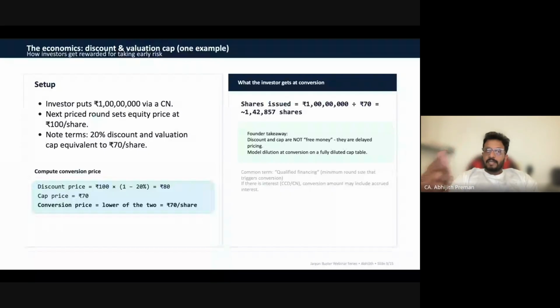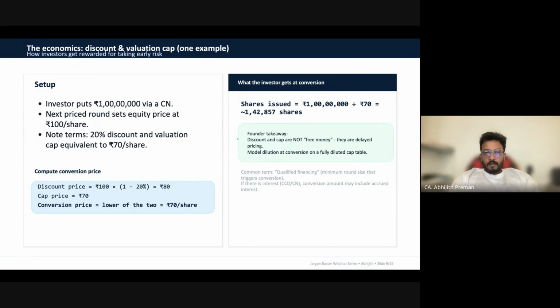But since they came in at an earlier round and negotiated a discount percentage and a valuation cap using a convertible instrument, they get 1,42,857 shares, which is about 43% more than they would have ideally got. Why is the investor getting these extra shares? Because they have taken the risk at an early stage. When your company was small and not generating revenue, the investor took the risk to bet on your company. That is why they are getting those extra shares.